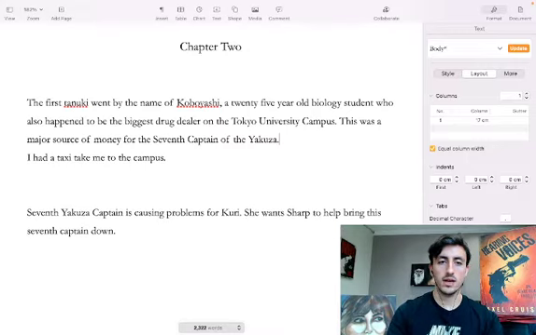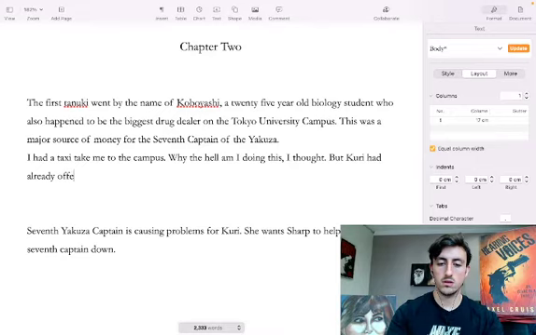So I had a taxi take me to the campus, and he's thinking in the back of the car, why the hell am I doing this? I thought. But Curie had already offered me.